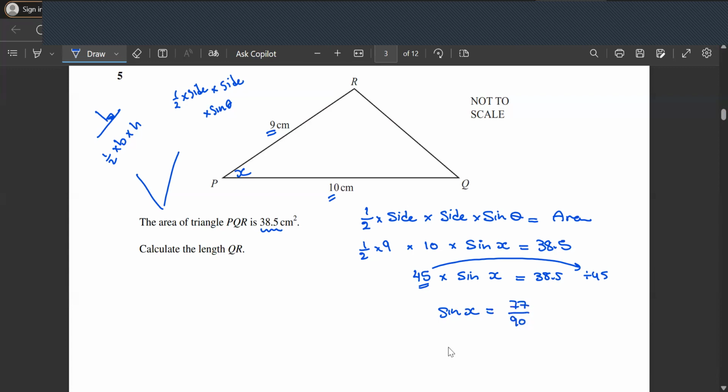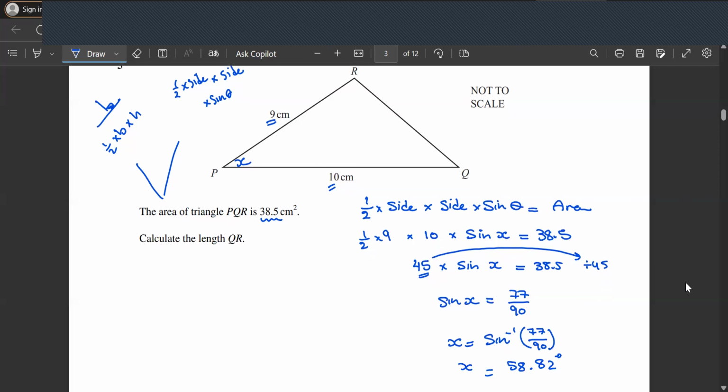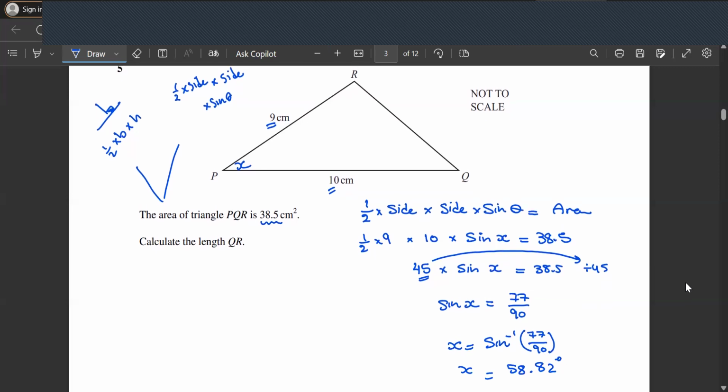Now, what should I do to get x? It will be sine inverse 77 over 90. Then do it on the calculator. It will give you x equal 58.82.